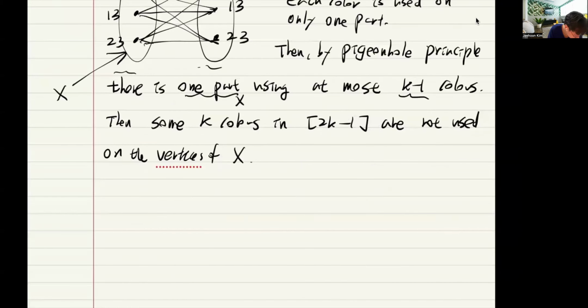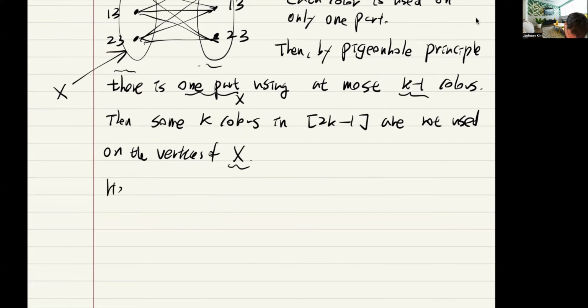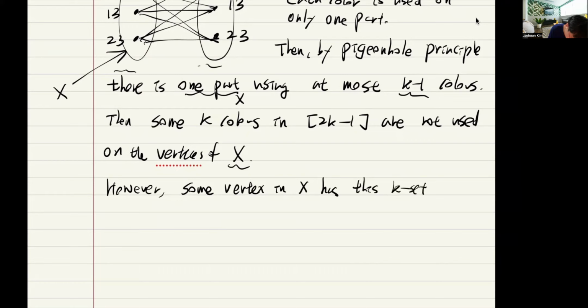But something is weird, right? On this X, what have we done? We give the lists on each vertex set so that all K-sets in the bracket 2K minus 1 appeared. However, by how we assign this list, some vertex in X has exactly this K-set as the list.